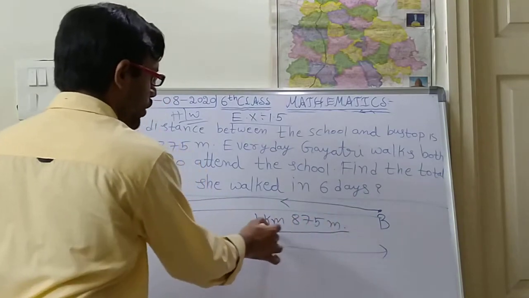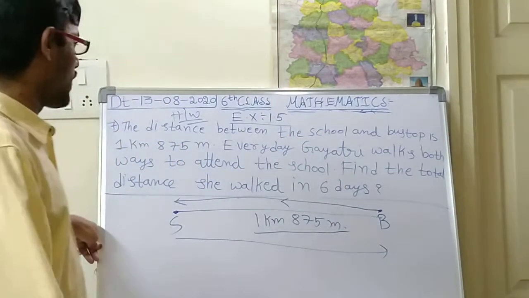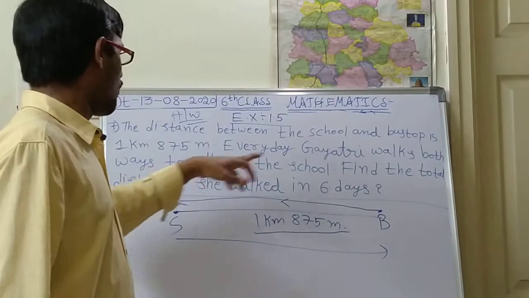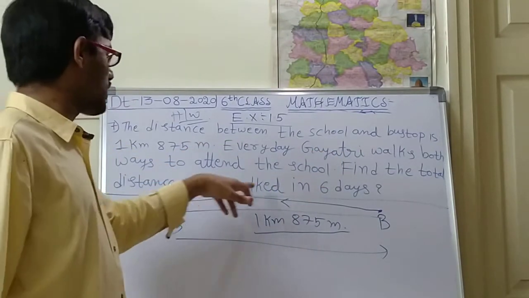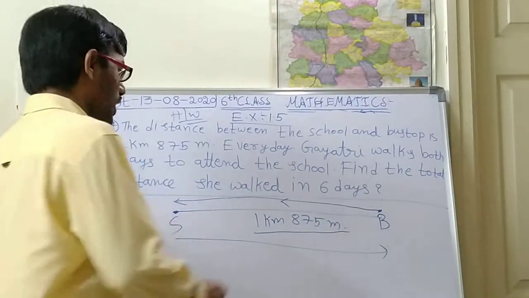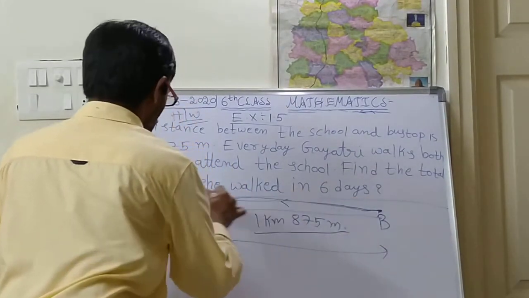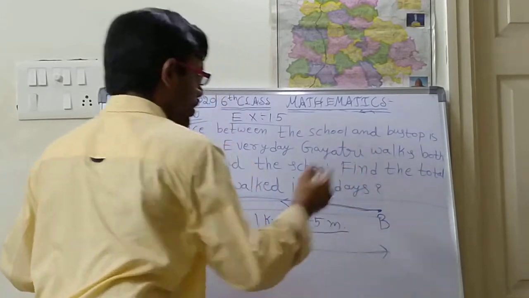This distance is 1 kilometer 875 meters. So she walks both ways to attend the school. Find the total distance she walked in 6 days. So like this, for one day, 2 trips.